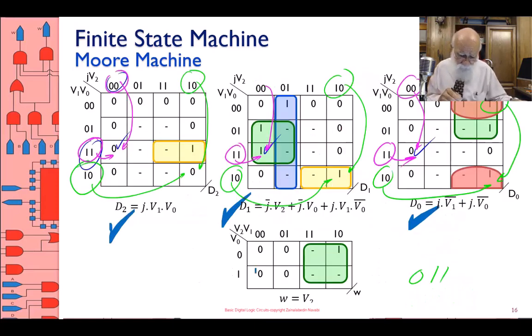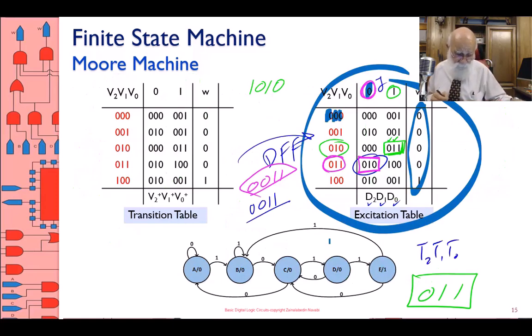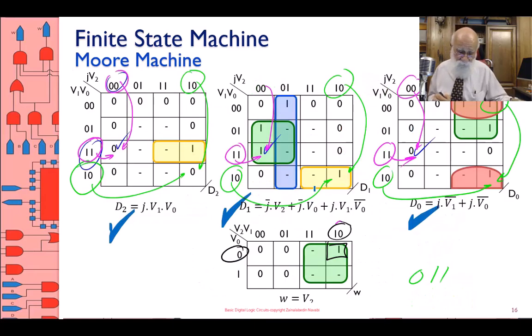Okay, so when V2, V1, V0 is 1, 0, 0, I put a 1. This is the 1, and it doesn't depend on J. So I just put a 1 there, and this becomes W.